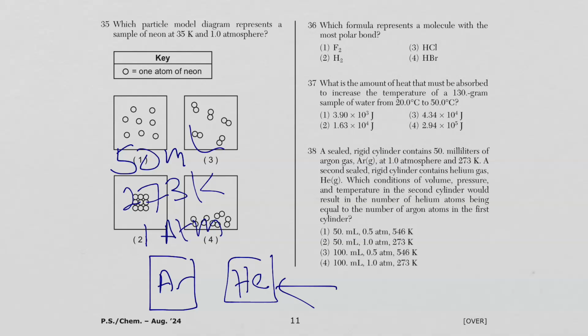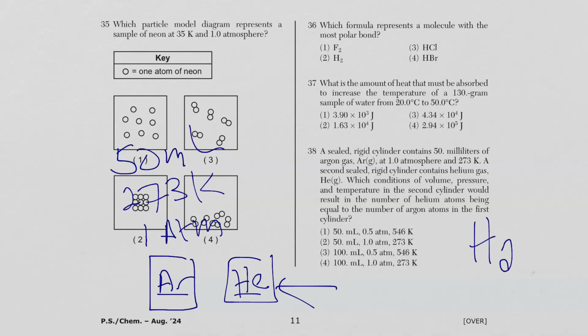Well, first of all, they're both noble gases. You got to be careful. This would have been a tricky question if we were dealing with helium atoms and, let's say, hydrogen molecules, because that's H2. The number of atoms, right? H2, you have two atoms of hydrogen for every one molecule.